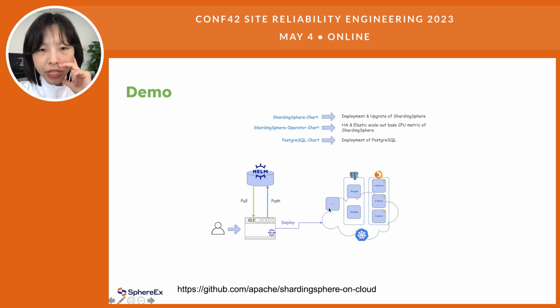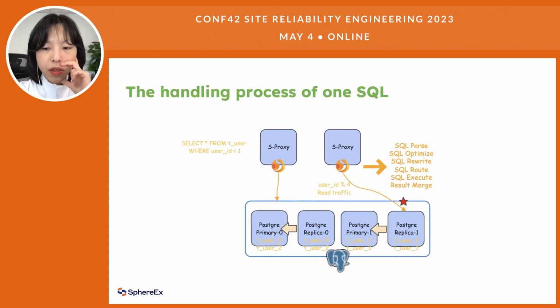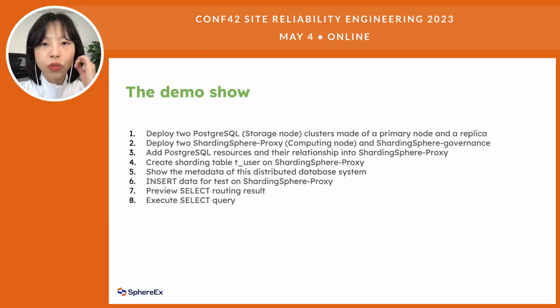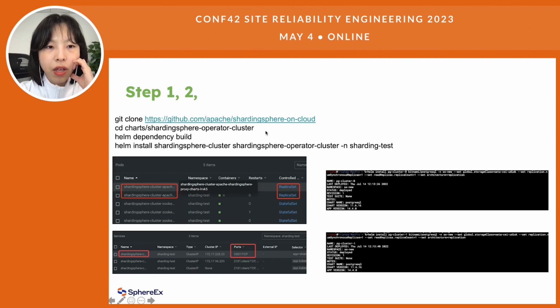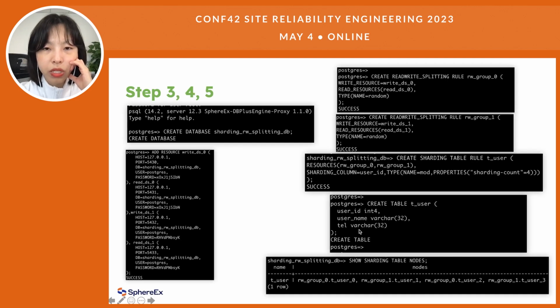Then the application just visits your ShardingSphere proxy, the ShardingSphere cluster. The ShardingSphere cluster can help you do the data sharding and read-write splitting features. So you can see here, we use this repo to deploy all the stuff.